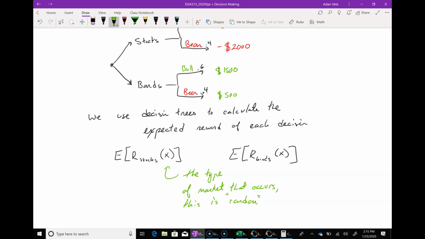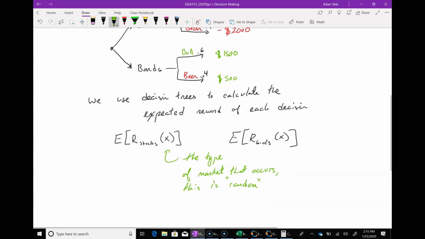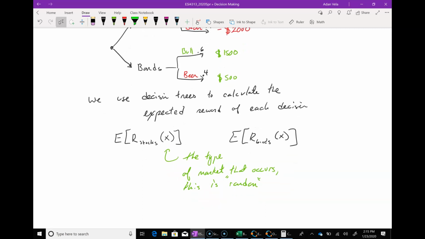The type of market that occurs is random. It's a random variable that's unknown. All right. So we want to figure out our reward in stocks over all the possible outcomes of our random market, and we want to calculate the expected reward, how much we expect to get if we invest in bonds.